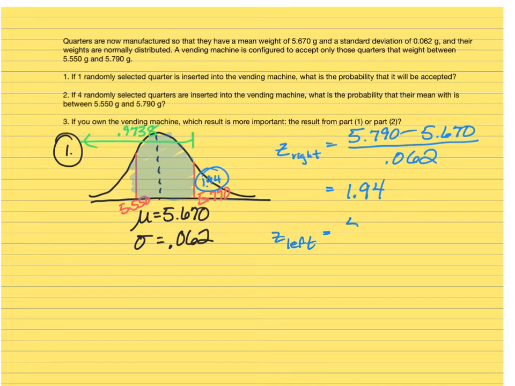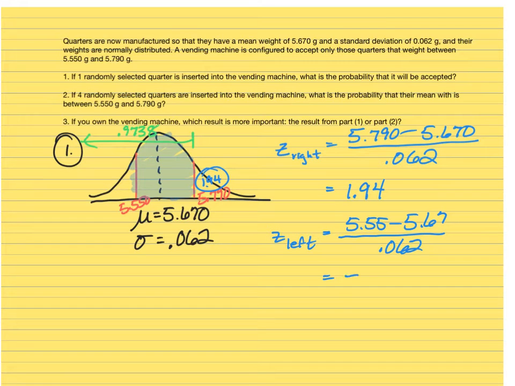And then we do the same for the left boundary. Find its z-score, 5.55 minus 5.79 over, or sorry, not 5.79, I need the mean there. 5.55 minus 5.67 divided by 0.062.